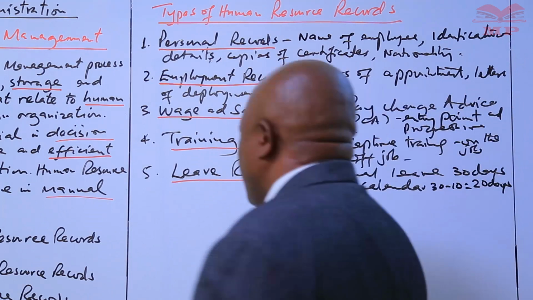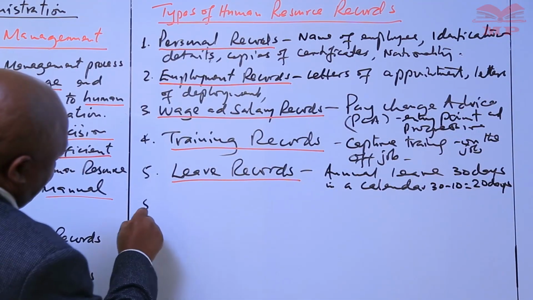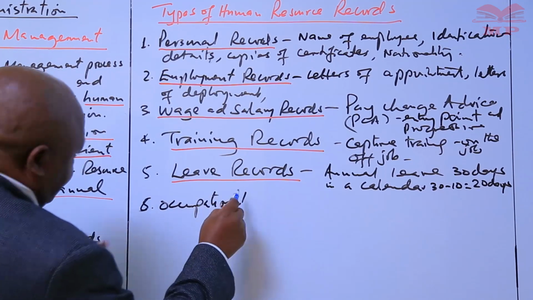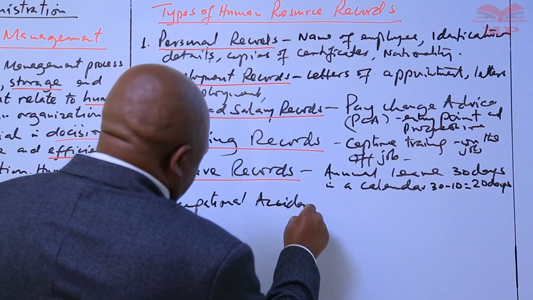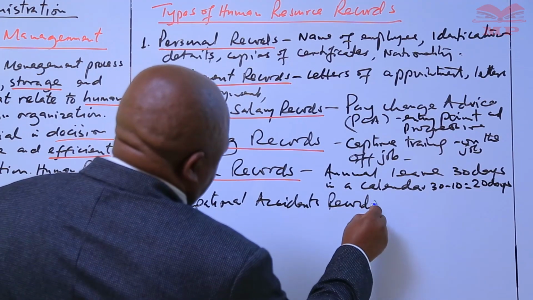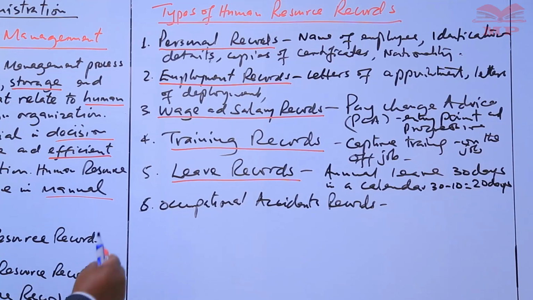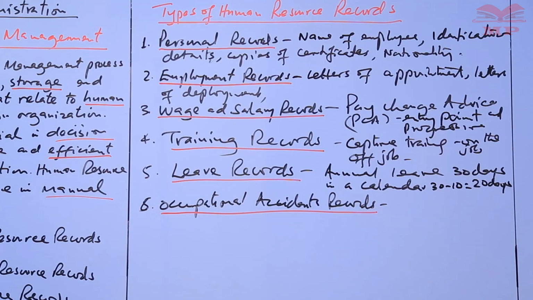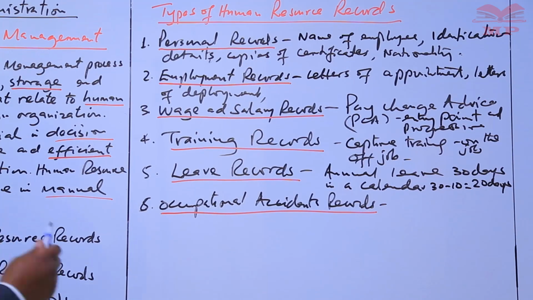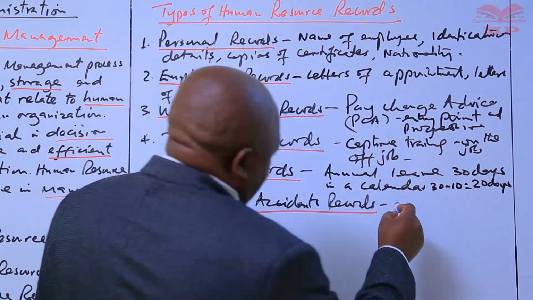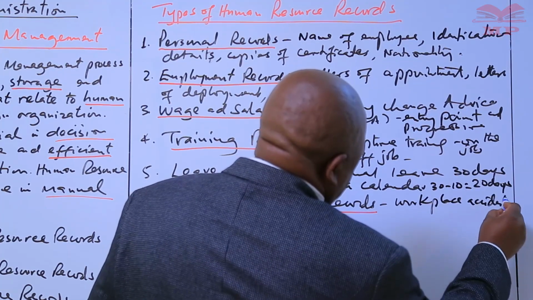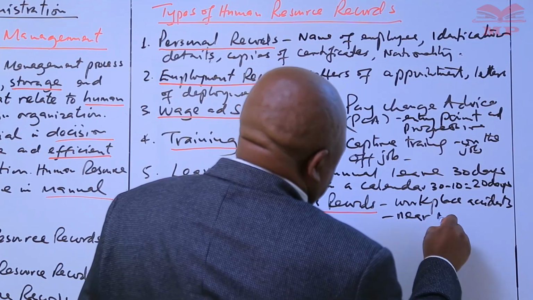Then you may also have what you call occupational accident records. According to the Occupational Safety and Health Act, it is important that within the human resource department or within the organization, records are captured in relation to workplace accidents, or what you call near misses.